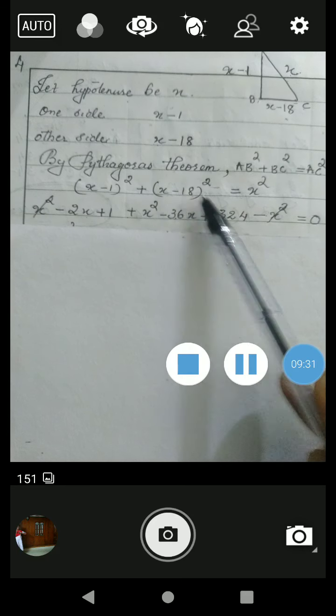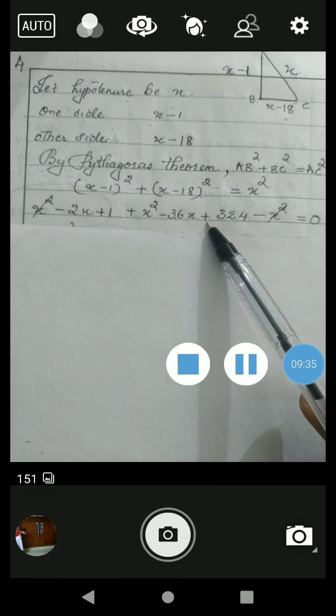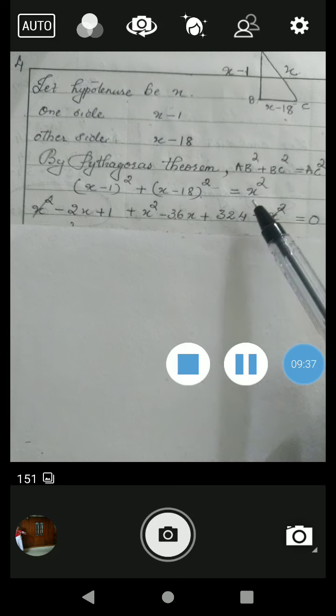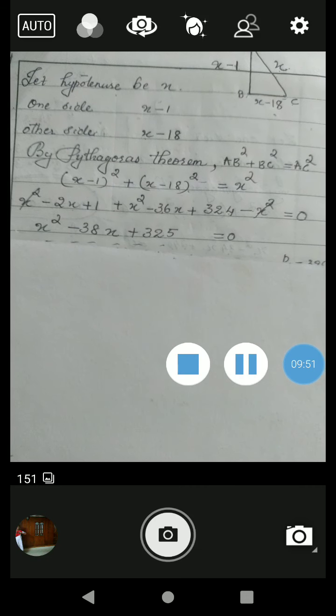Here also the same identity we can use. When you open this bracket and transpose this x square to the left side, in the next step we get a quadratic equation: x square minus 38x plus 325 is equal to 0.